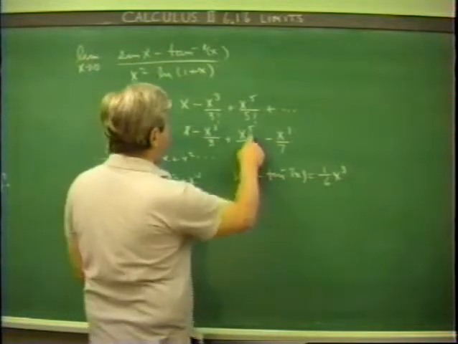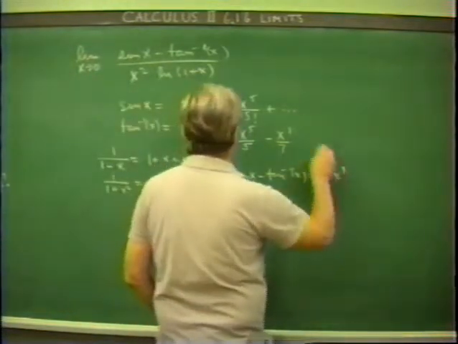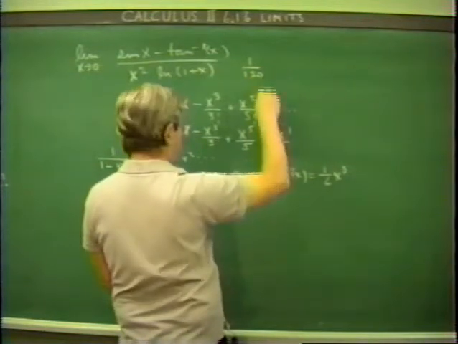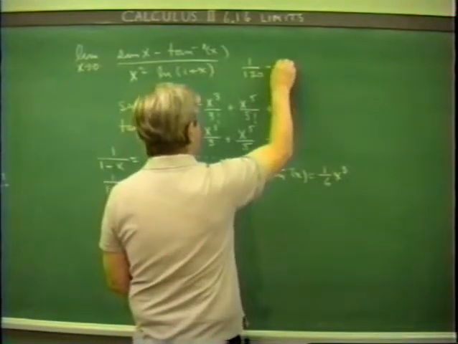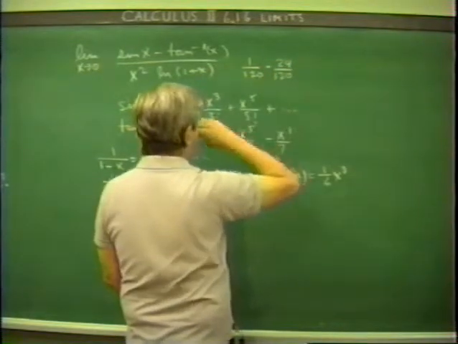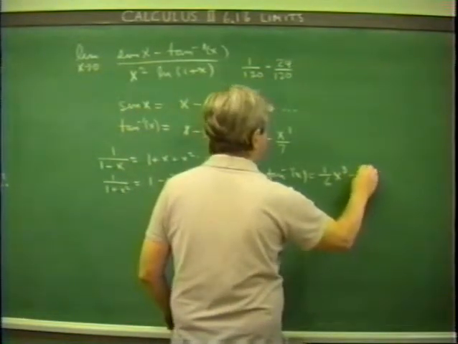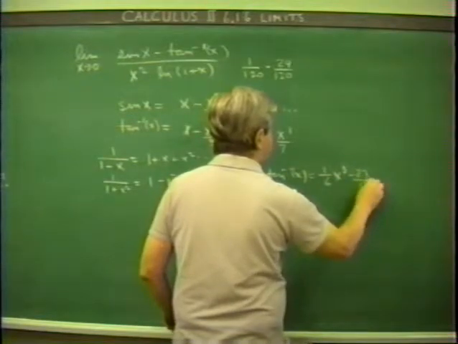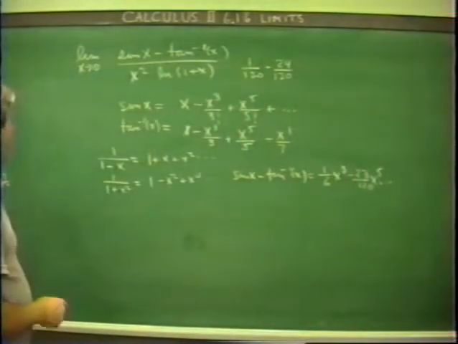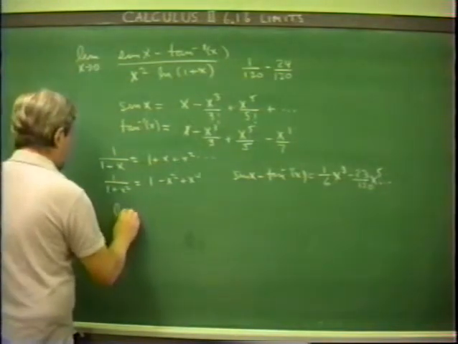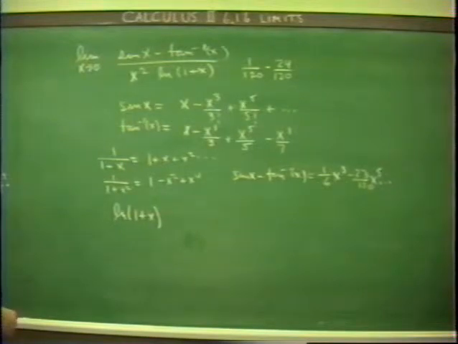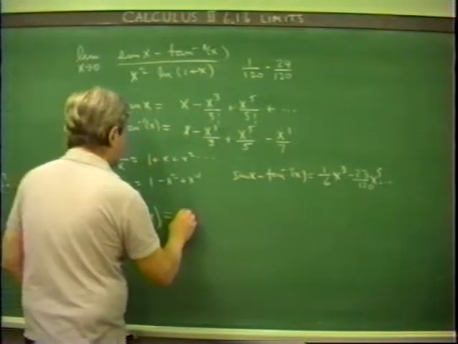We want sine minus the tangent, so minus a 5th. Minus a 5th is 24/120th, so this is going to be 1 over 120 minus 24 over 120, so this is going to be minus 23 over 120 x to the fifth, and lower terms.